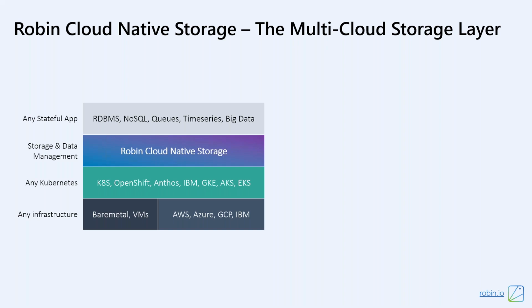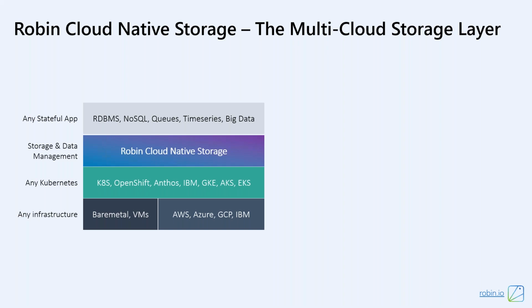And that's where Robin Cloud Native Storage makes things simple for you. This is a common layer of storage and data management that can easily be deployed on top of a Kubernetes cluster. So this is not an external system that will connect to Kubernetes, but rather when you have a Kubernetes cluster up and running, you simply install Robin as a native Kubernetes operator, and it will create a storage pool on top of your Kubernetes cluster.